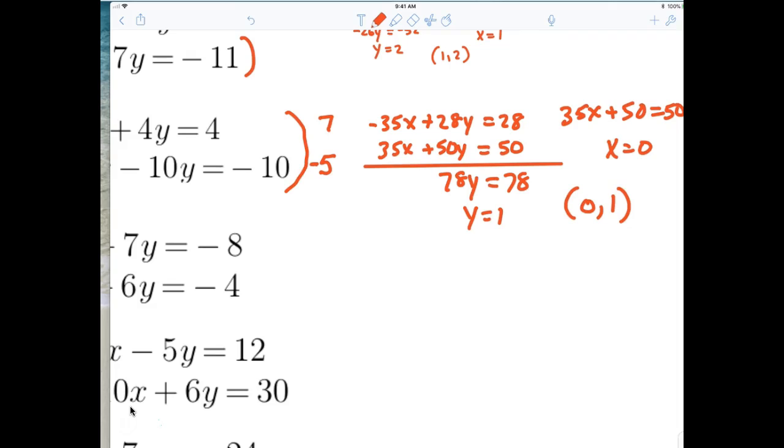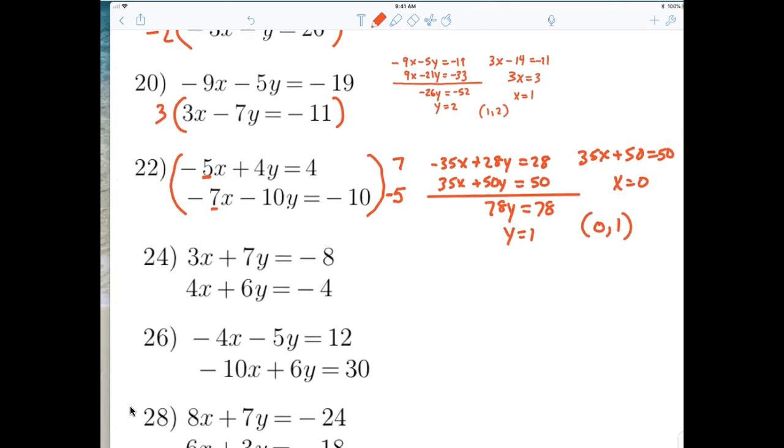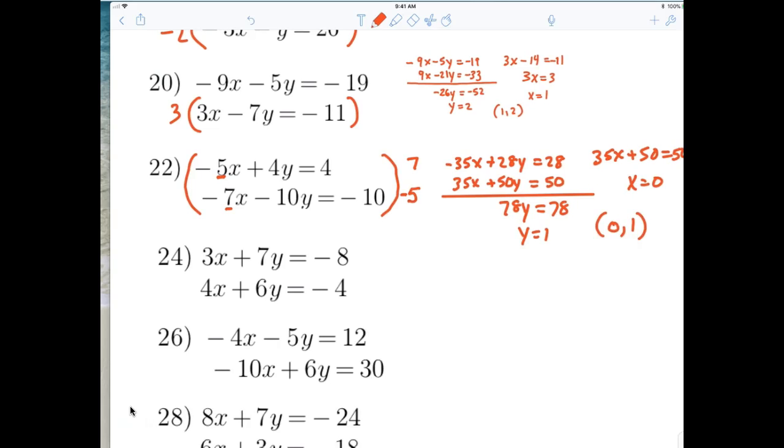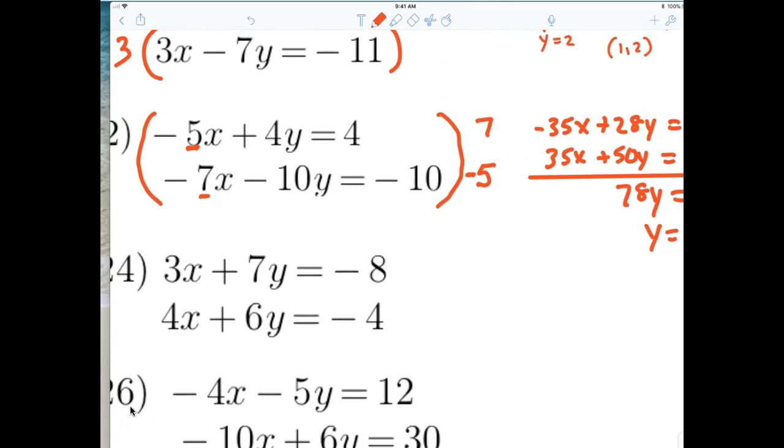All right. Does anybody have any questions with this problem? Okay, so why for this one, when you tried to get the x, did you use 35 instead of like -7? Well, look, I have to multiply both of them by a number, right? So if I'm going to multiply both of them by a number, they have to cancel out.